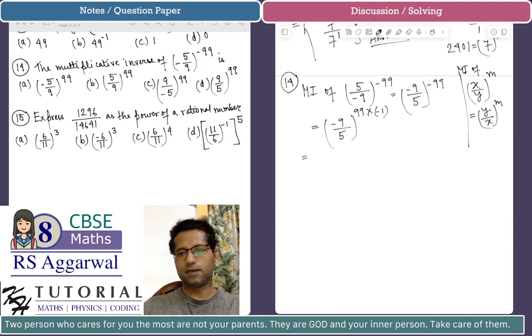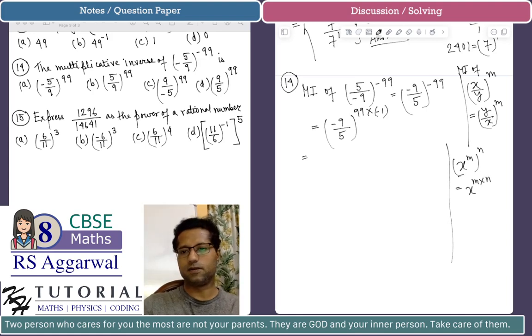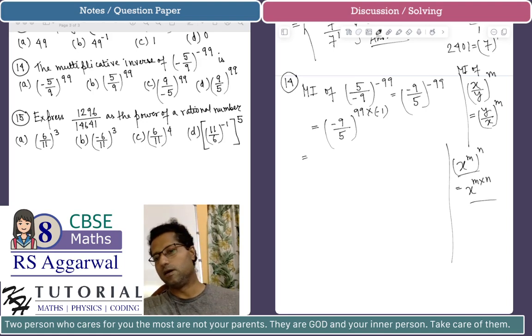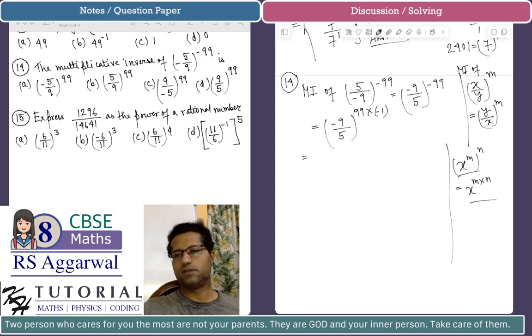I can rearrange using the laws of exponents: x to the power m, whole raised to power n, is equal to x to the power m into n. Conversely, I can express the right-hand side as the left-hand side.